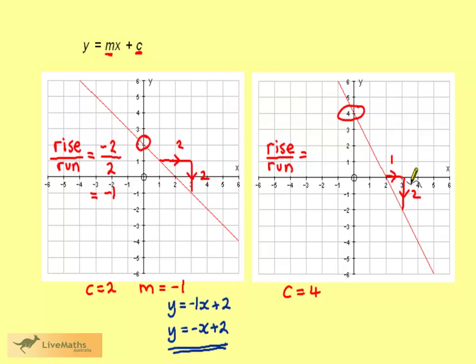Going down by 2 is a rise of minus 2. Minus 2 divided by 1 is minus 2. So the gradient is minus 2. Substituting these into y equals mx plus c gives y is equal to minus 2x plus 4.